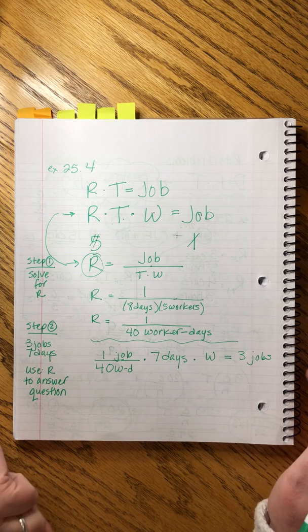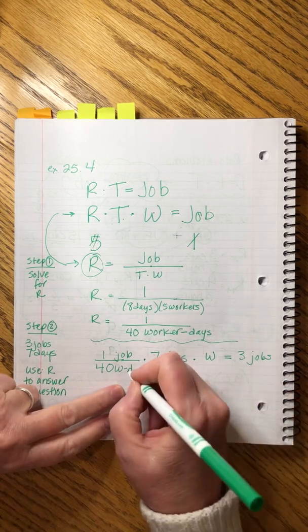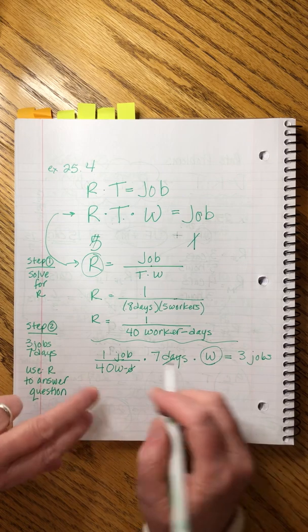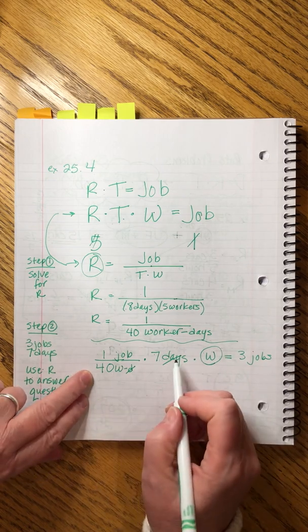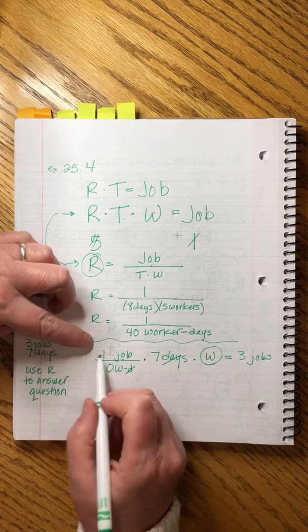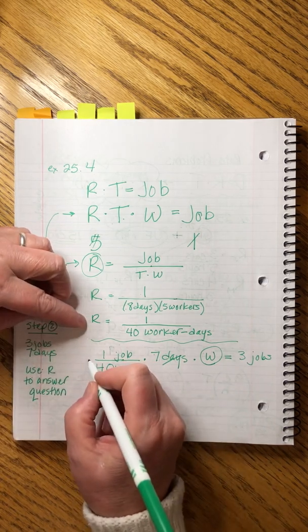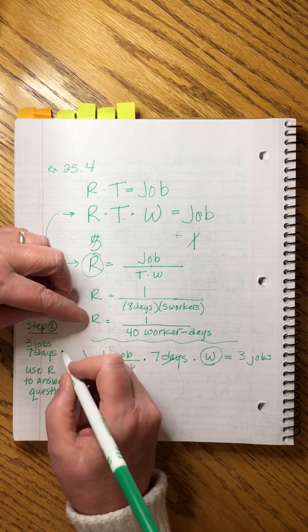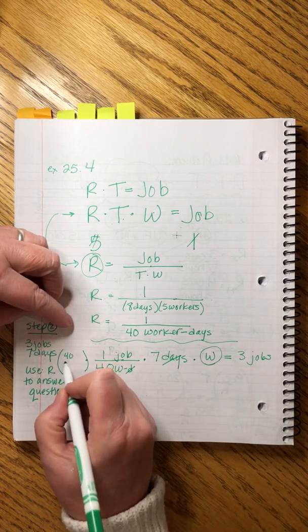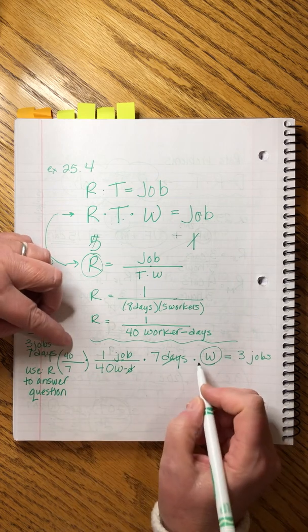Woo! We are wild. First of all, I can cancel out days and days, can't I? And what I'm going to do to isolate this W is I'm going to multiply it by the reciprocal of what I've got here. So I can see, here, I'm going to put my reciprocal in here. It's going to be 40 on the top, 7 on the bottom.